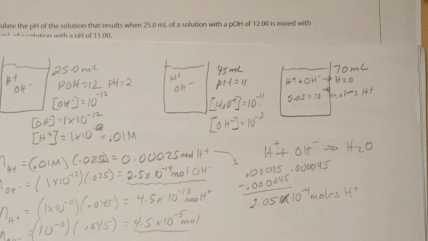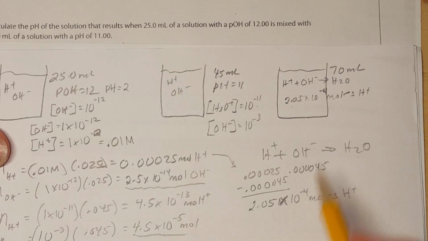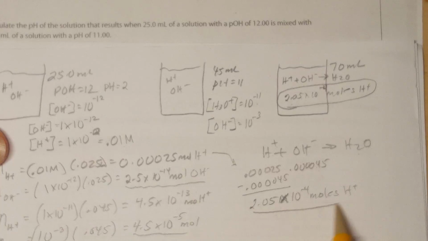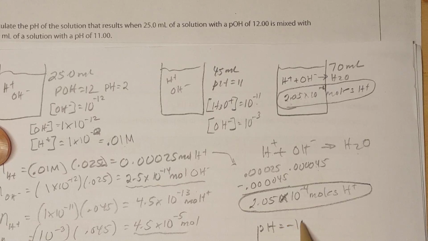Okay, so the question says, calculate the pH of the solution that results. So now we've calculated the H plus ions that are left in there. This is the H plus ions in excess after this reaction. So the pH will equal negative log of 2.05 times 10 to the minus 4.